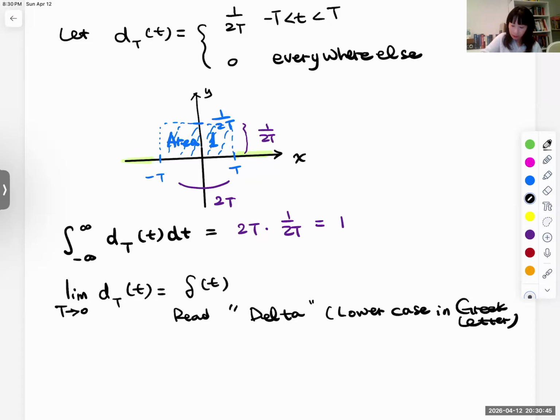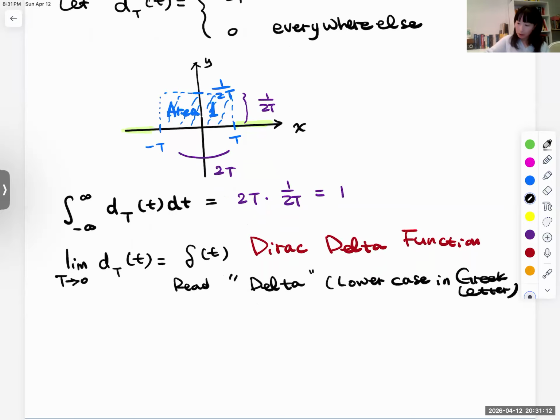We call this the Dirac delta function. Let me write one more thing.